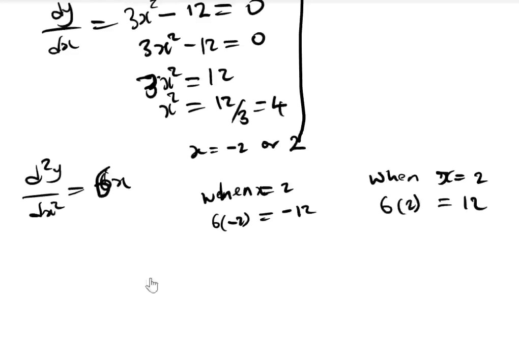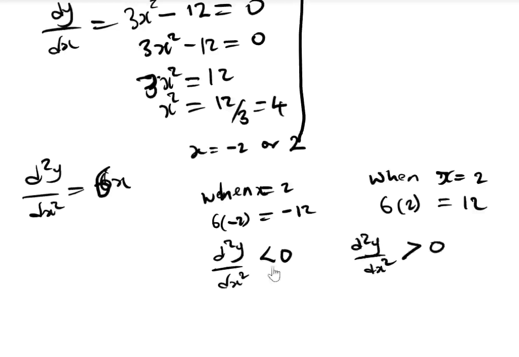Then for a maximum value, d²y/dx² is less than 0. And for a minimum value, d²y/dx² is greater than 0. And we are asked to calculate the maximum value in that expression.